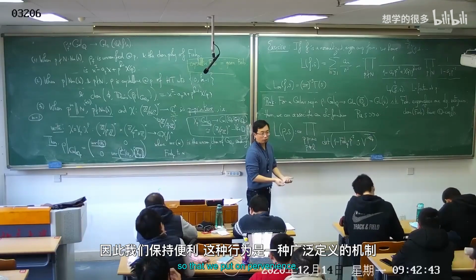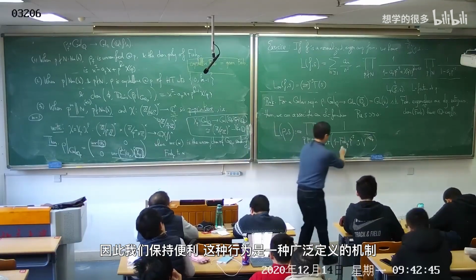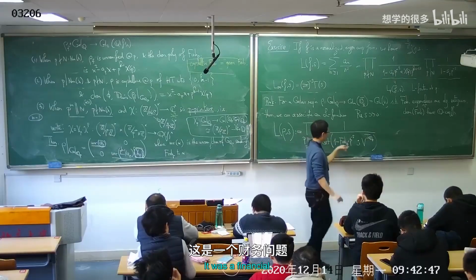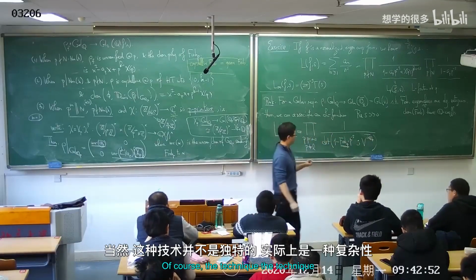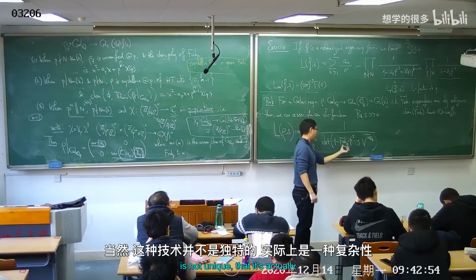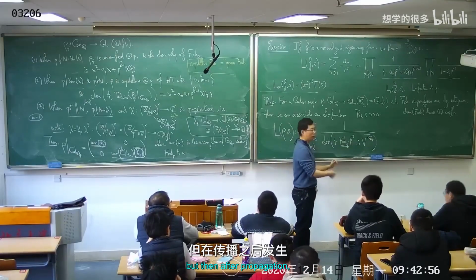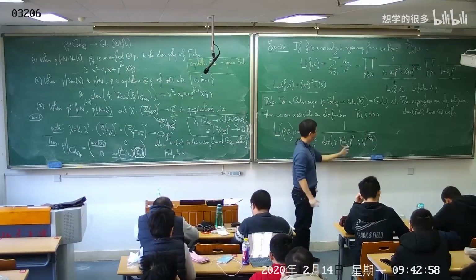So when you talk about Frobenius, this action is a well-defined matrix. Of course, the definition of Frobenius is not unique. It's up to conjugation, but after conjugation, that's a factor.